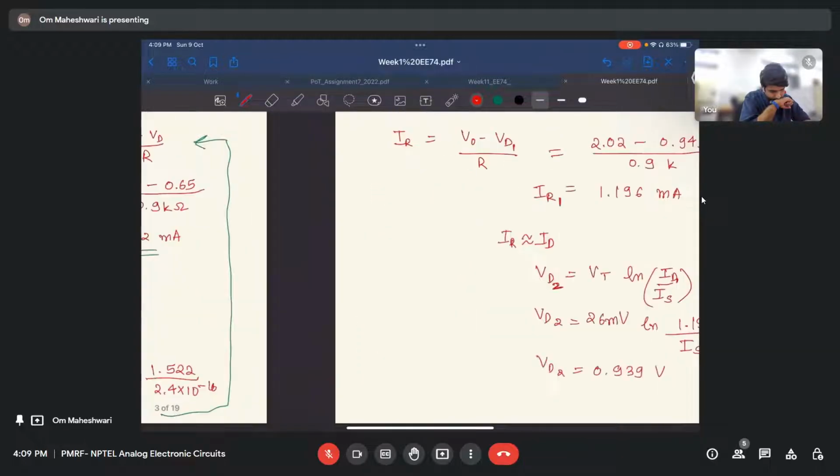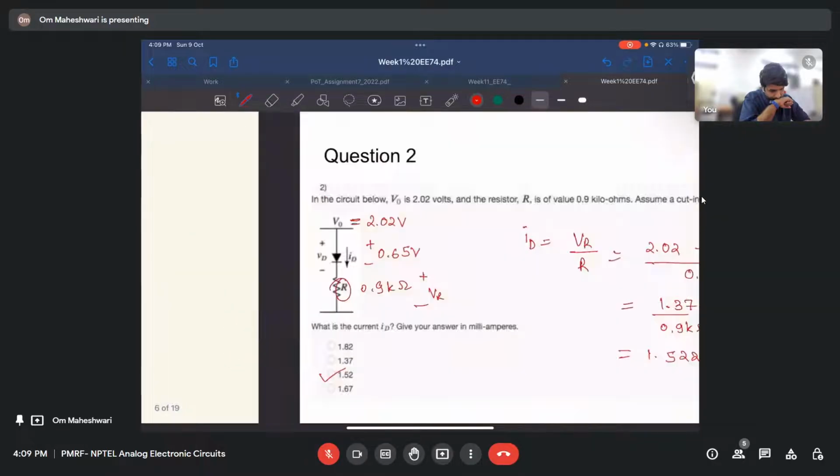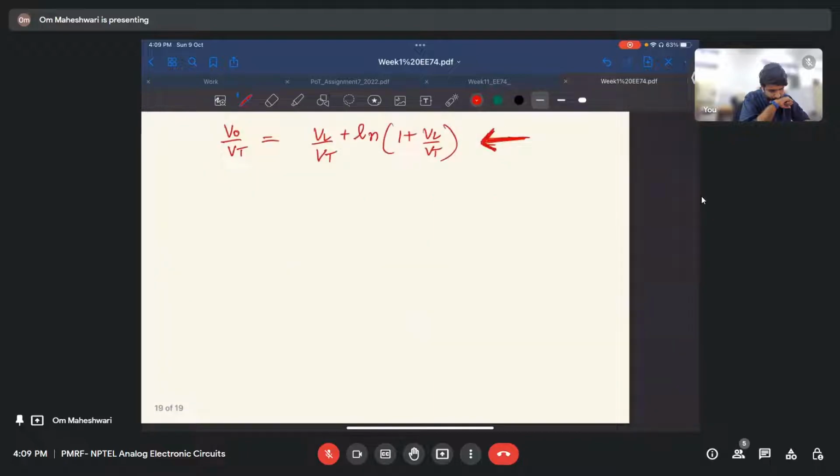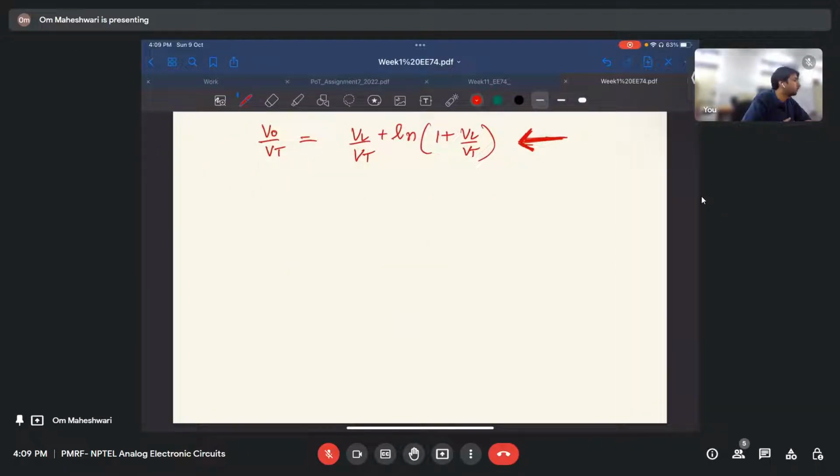But the mistake I made is for the I0 minus IS exponential of... they are giving 25.98. That's the value I am not getting, sir. If they're giving V0 is 25.98 times VT, that value, there is a problem in that value, sir.